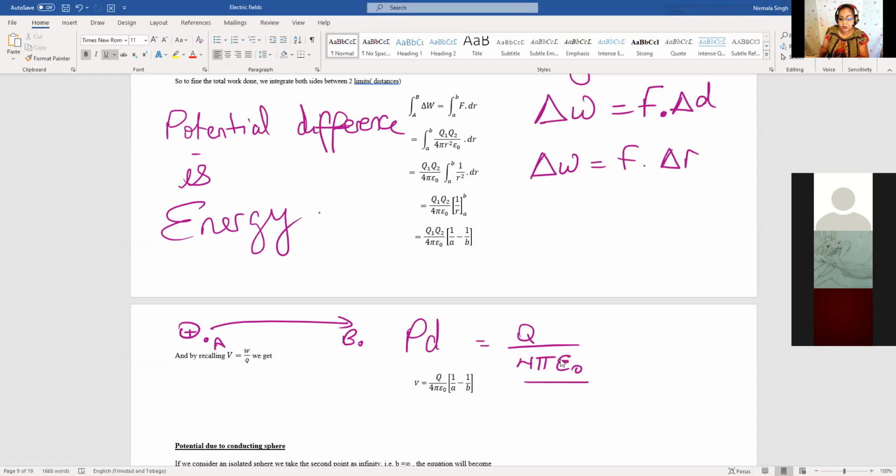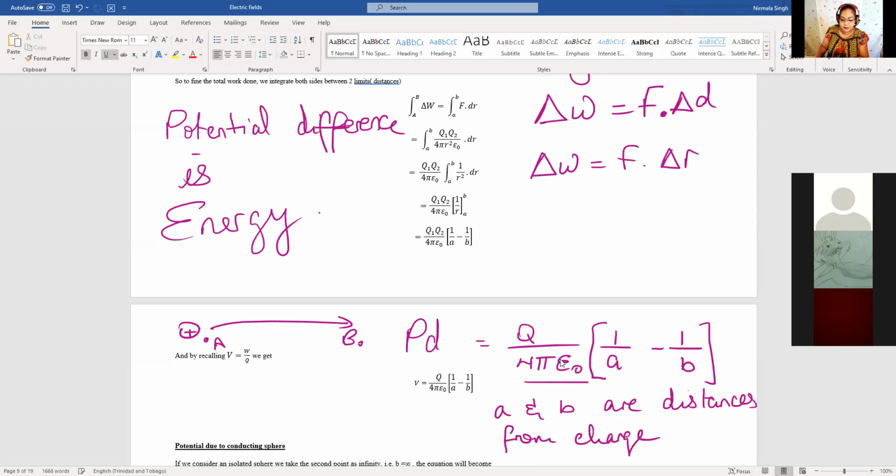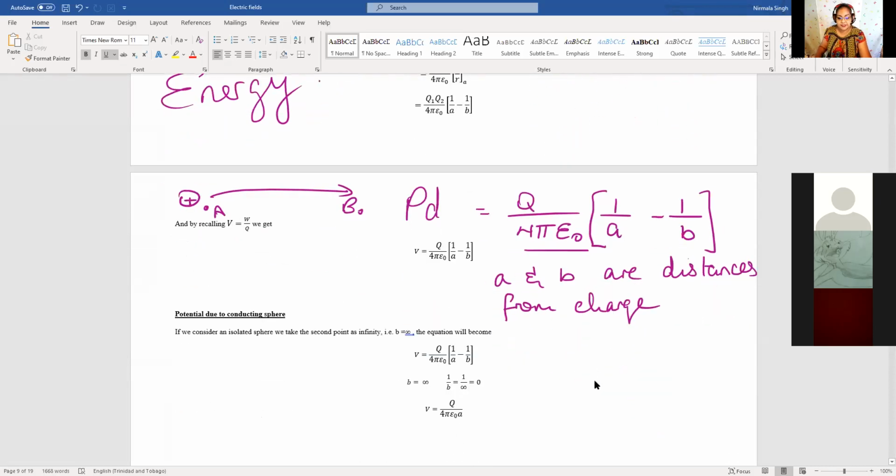So this is your constant that you pull out of the equation and you multiply it by 1 over A minus 1 over B, where A and B are your distances from your charge. So you have to learn this equation.